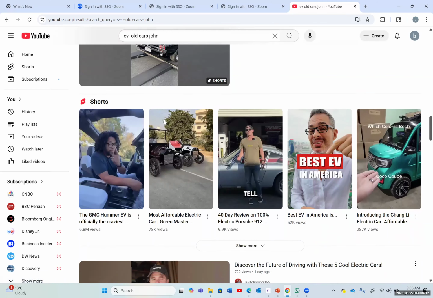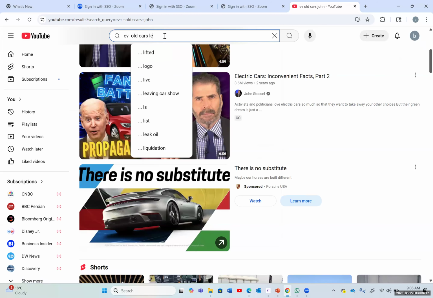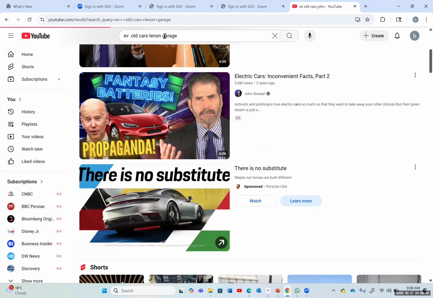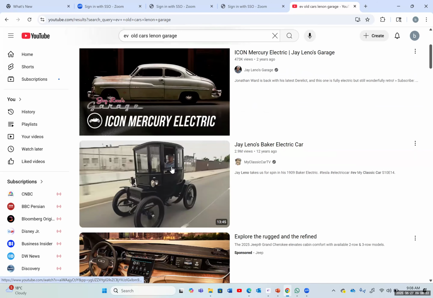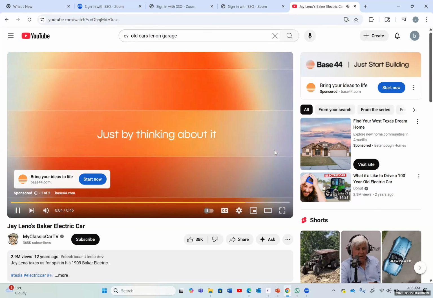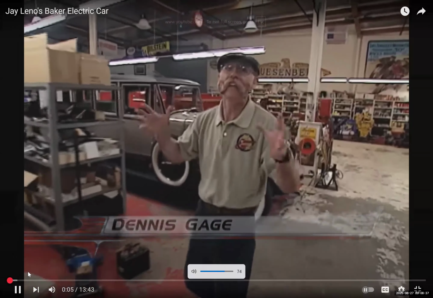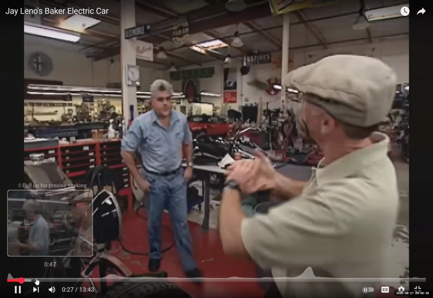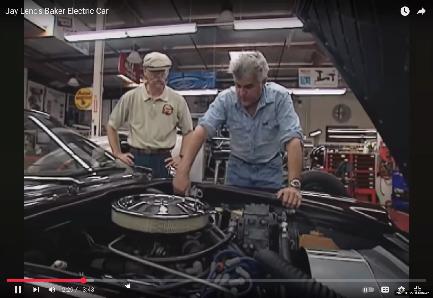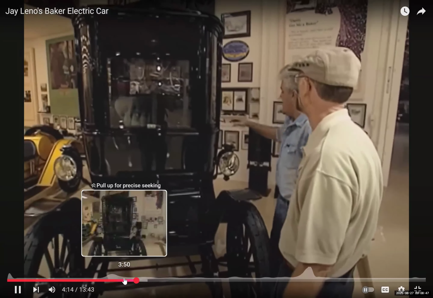I forgot what was his name. Oh yeah, this is it. Imagine being able to build an... And if you look at it, it's so... and this is the electric car. This is the EV from.